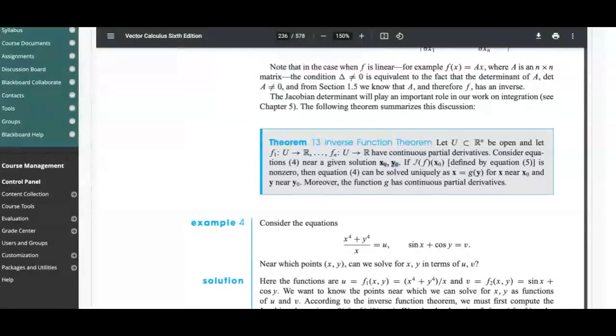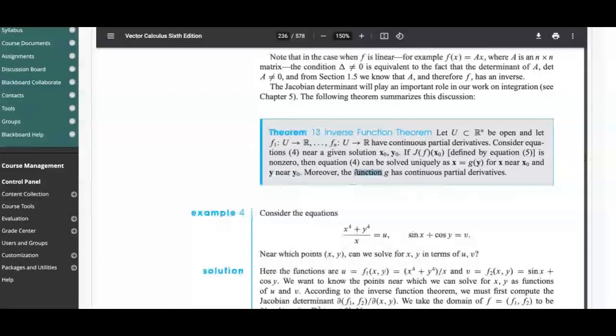If the Jacobian, the n by n determinant, is not 0, then equation 4 can be solved uniquely. It's a huge deal if we can solve the system of equations uniquely as x equals g of y, right? Inverse function, inverse. For x near x naught, y near y naught.